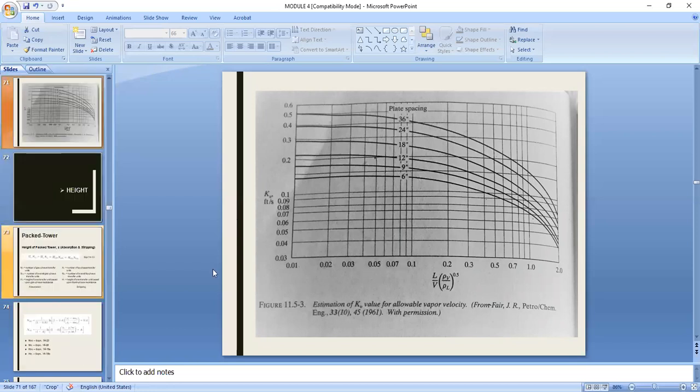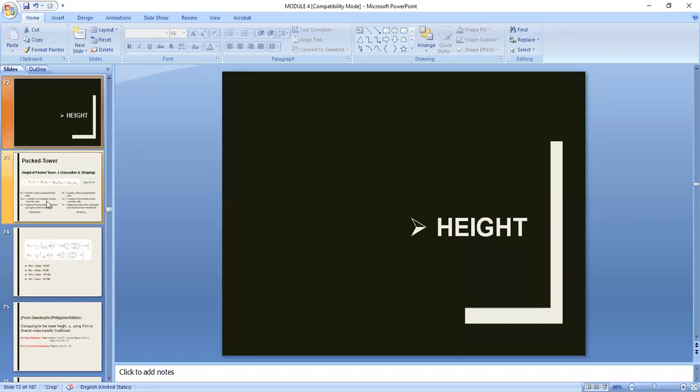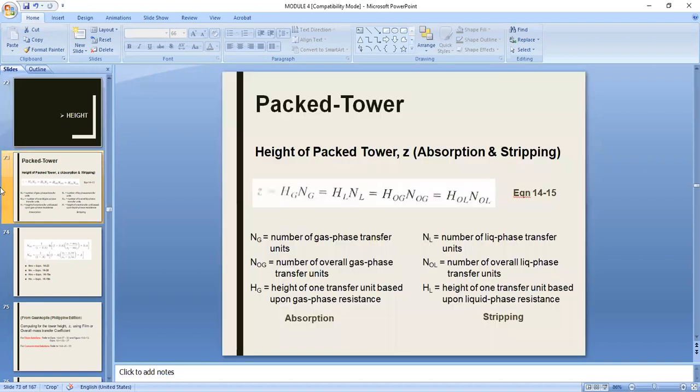Now that's for the diameter. As for the height of the column, we have a lot of formulas for the height of the column depending on the service, what is the particular service of your column where it is used. Nonetheless, in terms of the height, if you use the Z as a representation for the height, whether of your absorption tower or your stripping tower, you have these choices.